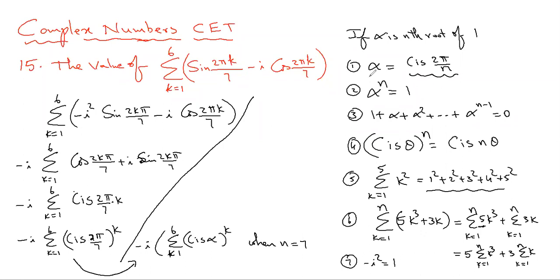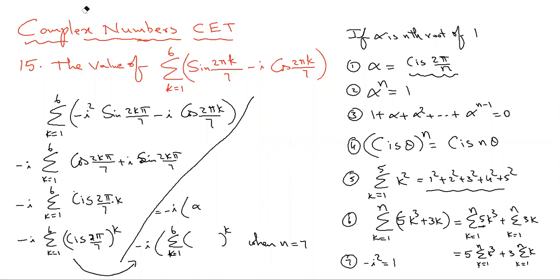Cis 2 pi by n is alpha, and here n equals 7. Now you can write this as minus I into, if we expand this, k equal to 1 to 6, what you get, k equal to 1, this is cis alpha. Oh, sorry, my bad.